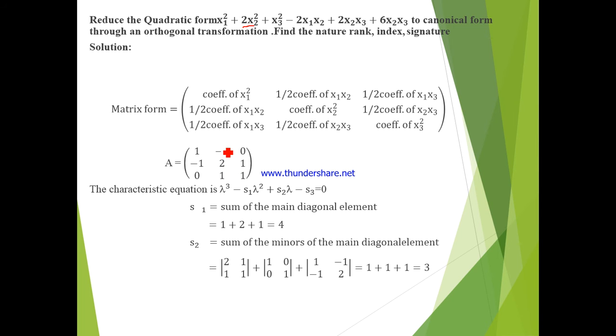Remove the corresponding row and column, we get 1, 0, 0, 1. Plus, take the minor of this 1. Remove the row and column, we get 1, minus 1, 2. We have to solve this.